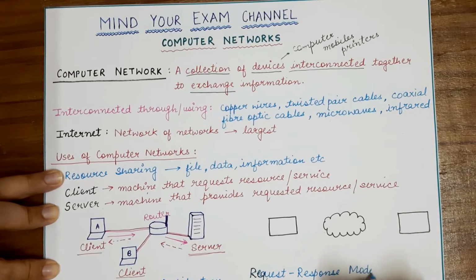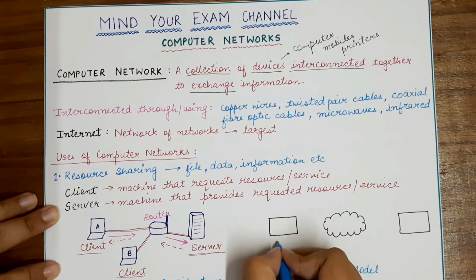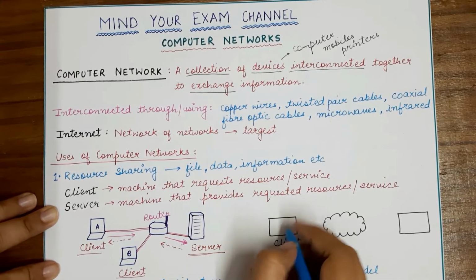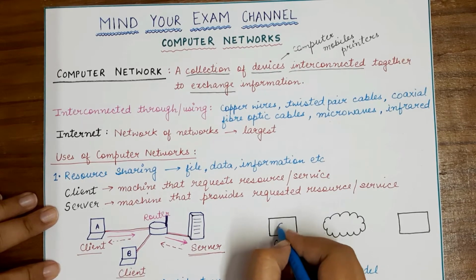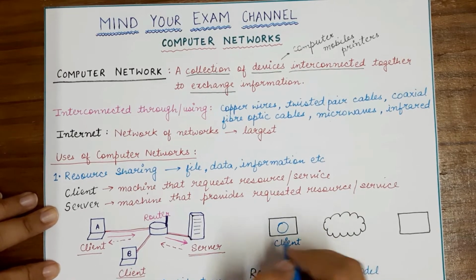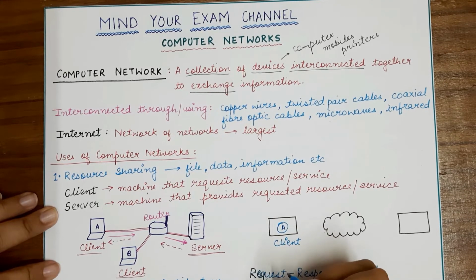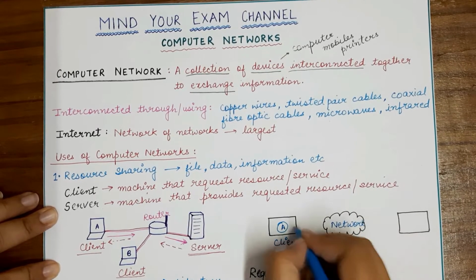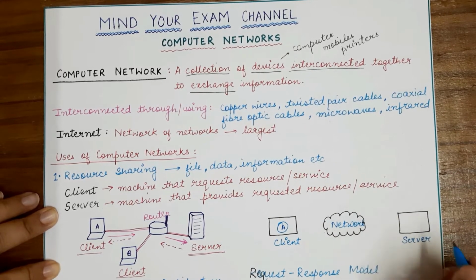All right, so a simple form of the client server architecture can be seen here, where this machine is a client. It can be any machine, it can be your mobile device, which is requesting some kind of file, web page, or any kind of information from another device, and there is an application or a process running inside this client. This is the network through which the request will be sent, and this is the server which has the information being requested.